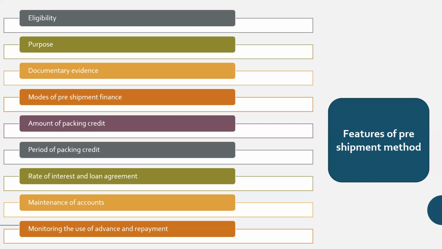Then we have the relevant policy issued by ECGC, because why ECGC? ECGC is Export Credit Guarantee Corporation of India, who takes a responsibility of protecting the exporter and also the financial institution from the commercial and political risk that is involved in the international trade.